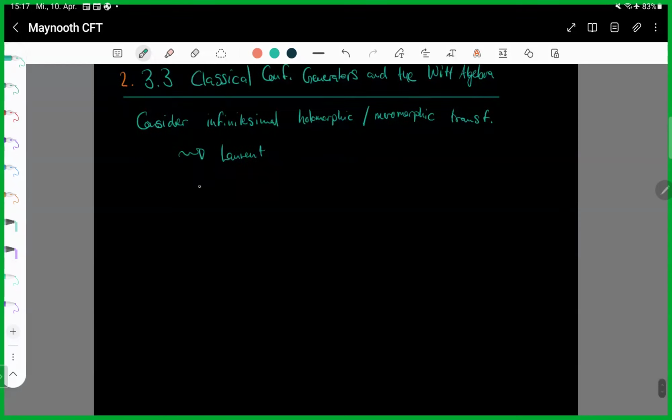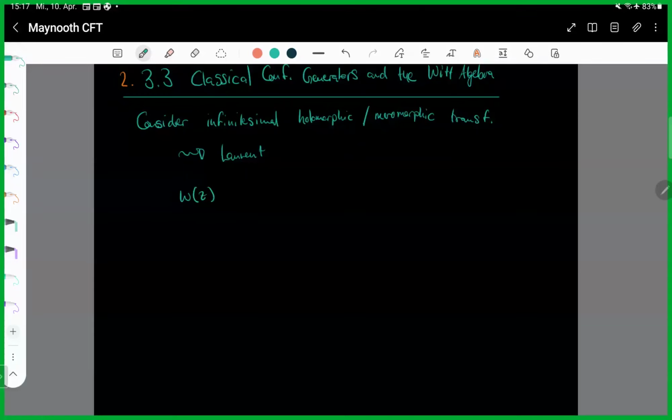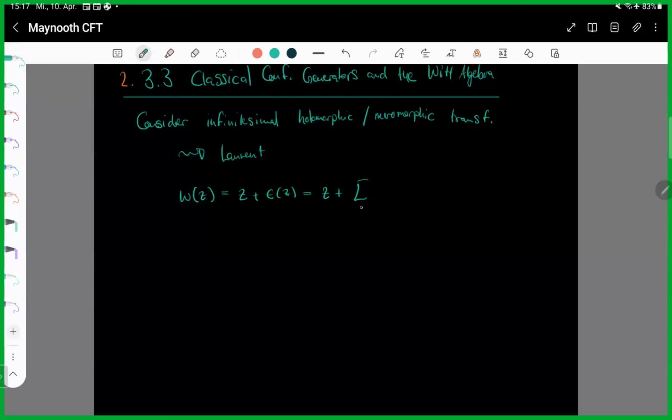So suppose I have a function w(z). This is my conformal transformation. If this is supposed to be infinitesimal, it takes the coordinate z and just shifts it infinitesimally by some small parameter epsilon. And what I mean by this having a Laurent expansion is that I can expand this into a power series including negative powers. So let me be very clear: the sum over n in Z of epsilon_n z^(n+1).